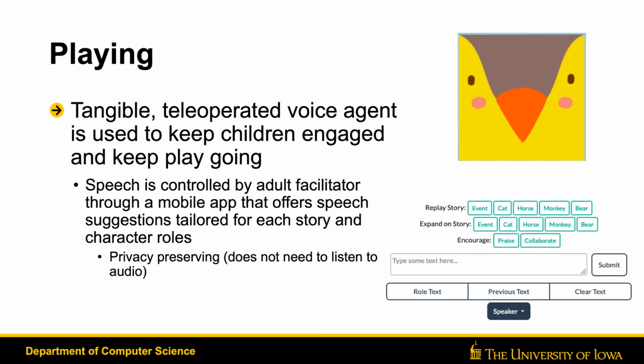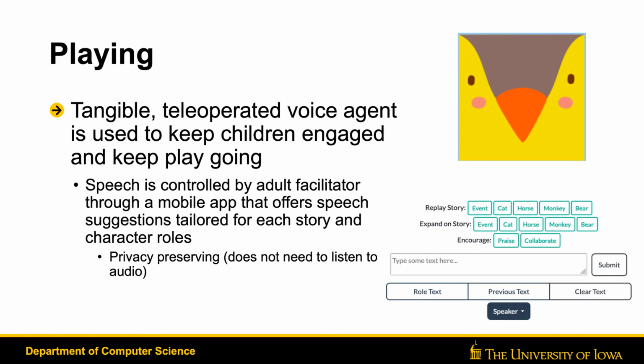So it's a small box with the artwork for a little Iowa goldfinch, and it has a Bluetooth speaker inside, and we can make it talk to kids. So actually, the adults running the activity can control the speech of this agent. It doesn't actually listen itself, so the one who's listening is the adult running the story, the play.